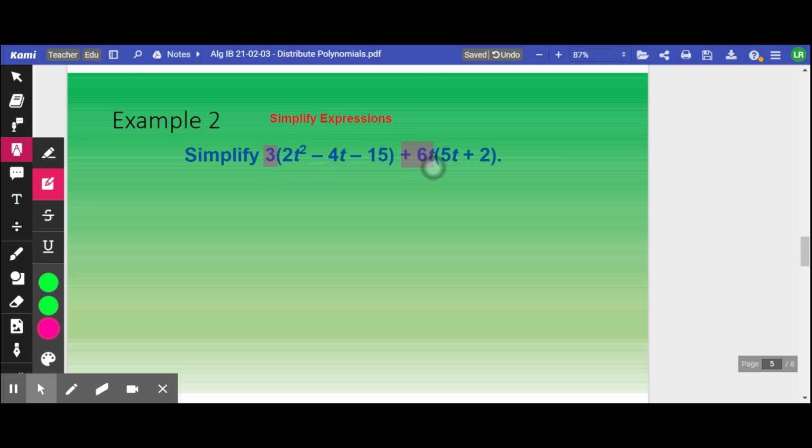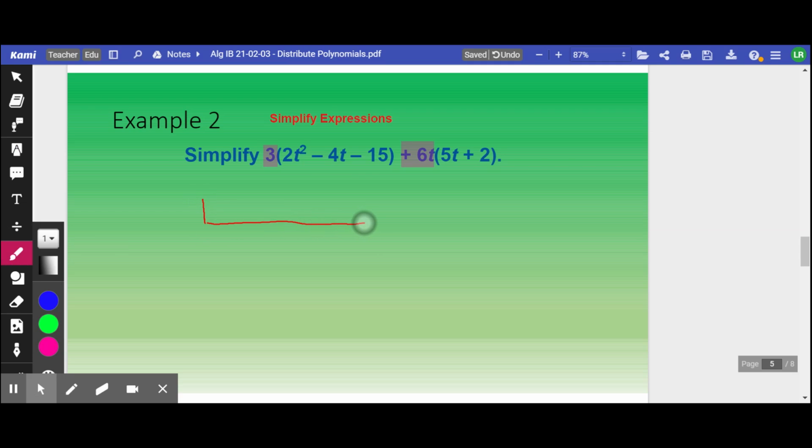Each of those parentheses has something in front of it besides a positive 1, so I am going to need to distribute. This first one, I'm going to distribute that 3. So I have that 3, and it's being distributed to the 2t squared, negative 4t, and negative 15.